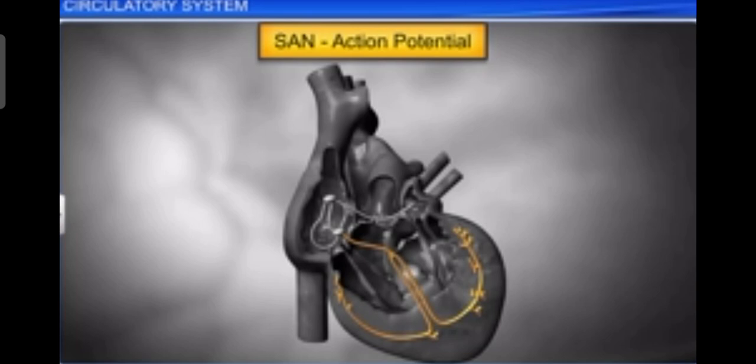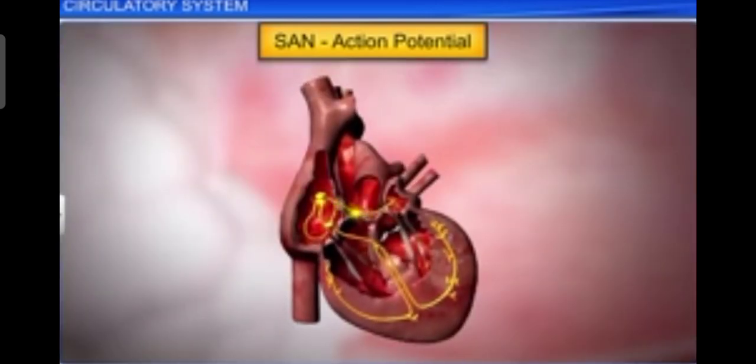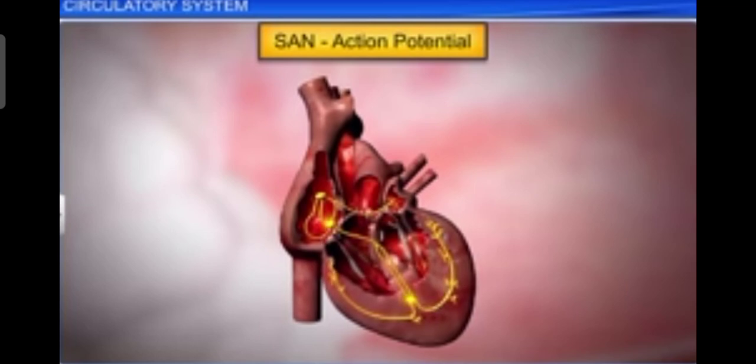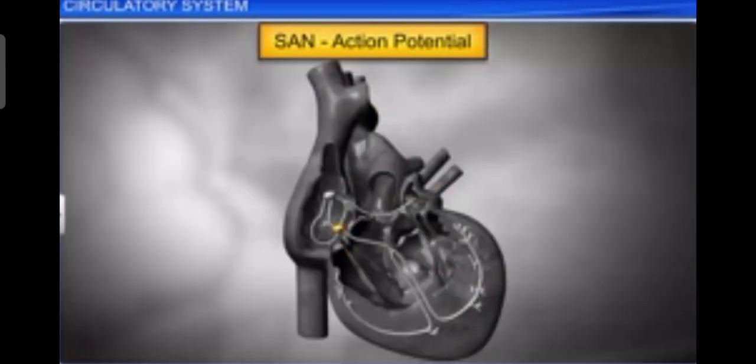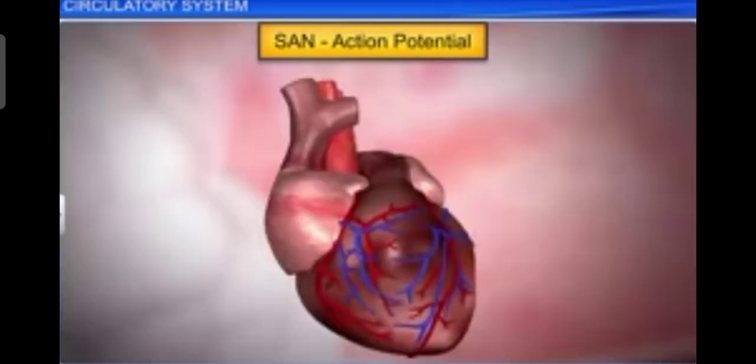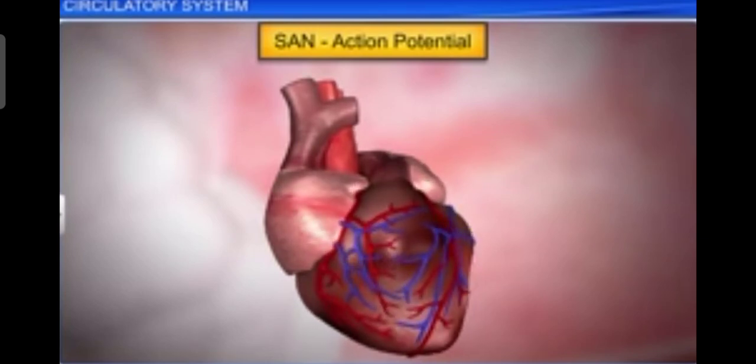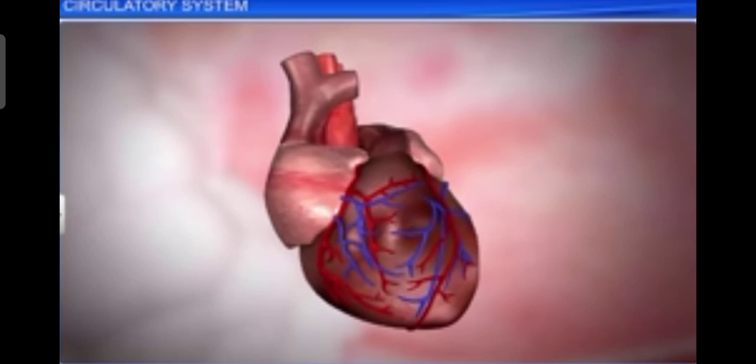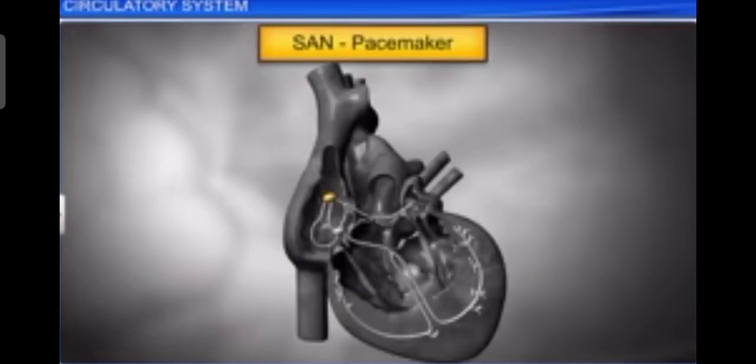The nodal musculature has the ability to generate action potentials without any external stimuli. It is auto-excitable. However, the number of action potentials that could be generated in a minute varies at different parts of the nodal system. The SAN can generate the maximum number of action potentials, that is 70 to 75 per minute, and so it is called the pacemaker also.